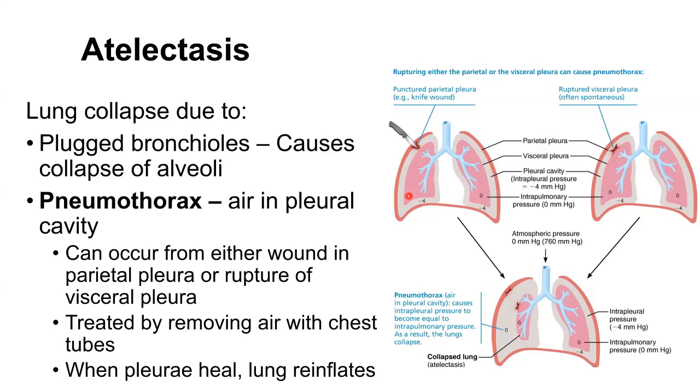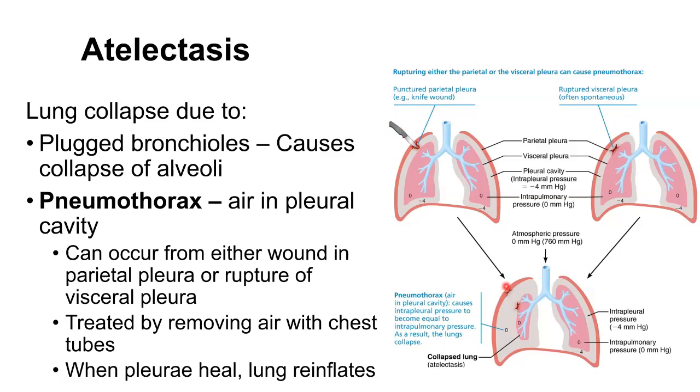The example that I show here, that the textbook shows as well, is say there's a puncture wound to the chest wall that has breached the parietal pleura and has now entered the pleural space, or the pleural cavity. Because now the pleural cavity is exposed to the outside air, they are going to want to equilibrate with one another. So here is the end result.